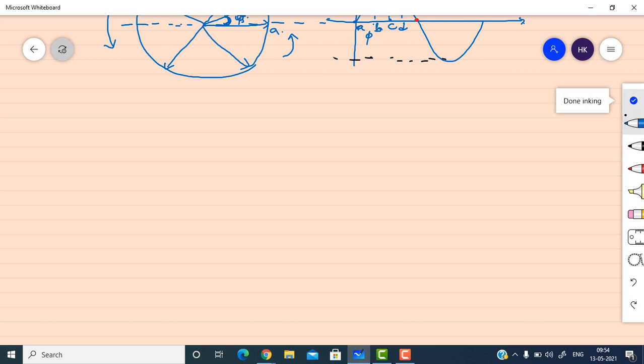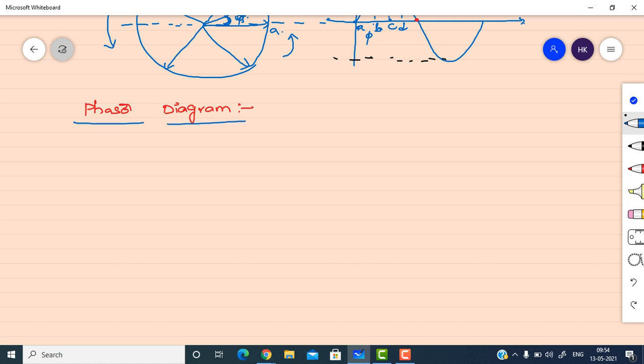Now let us see what is meant by phasor diagram. This phasor diagram is very important. If you didn't understand at any point of time, please ask me and listen carefully.